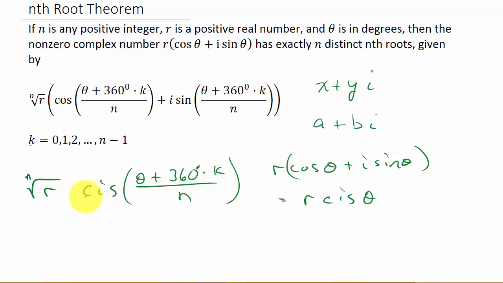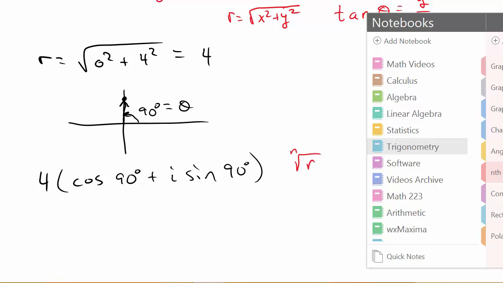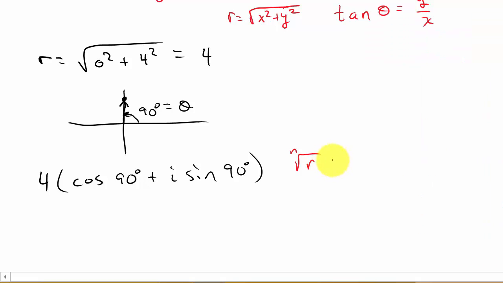This just means cosine of this plus i sine of this. So this is going to be times cis of theta plus 360 times k over n.